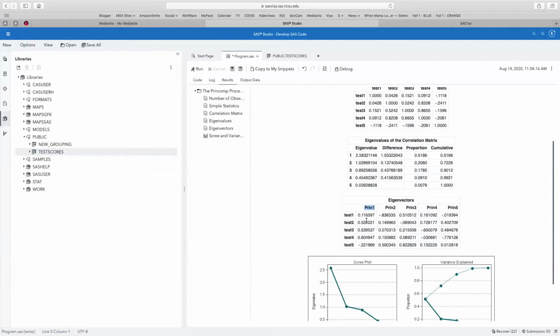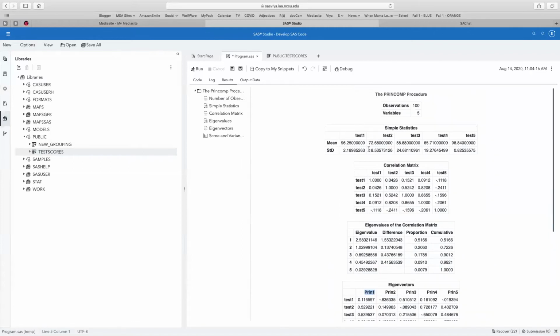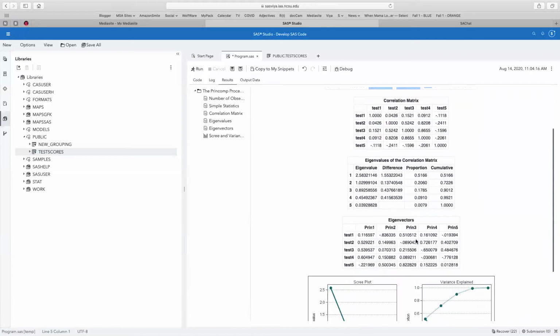And that is what I would expect to see, given that those 3 tests had the largest amount of variance. However, on the second principal component, those middle 3 tests are not highly weighted. Instead, I get test 1 and test 5.